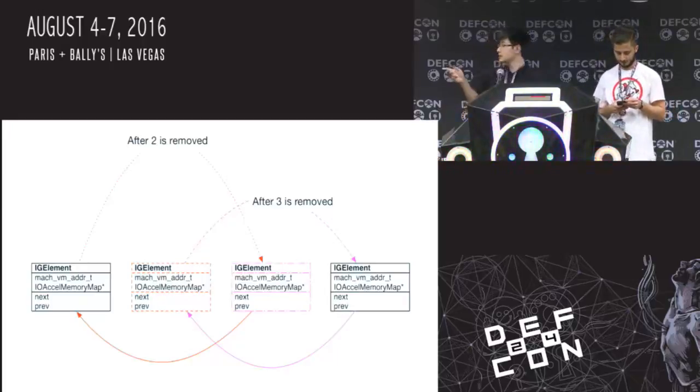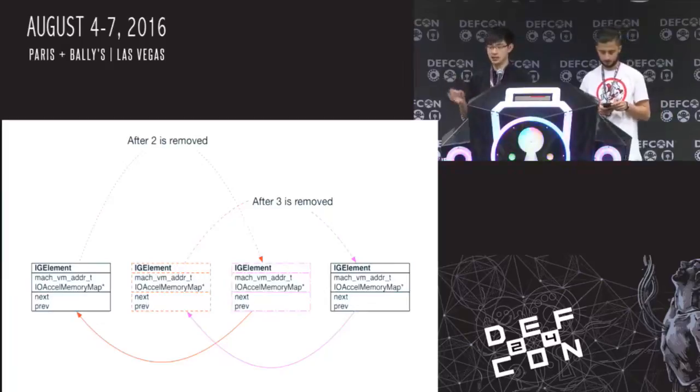So we can see that in this list we have elements 1, 2, 3, 4, and if 2 is removed, 1 will be linked to 3, and when 3 is removed, 2 will be linked to 4. And if we race these 2 removes at the same time, we may get 1 linked to 3, but 3 is also removed. So we get a freed element that is stably connected in this linked list.